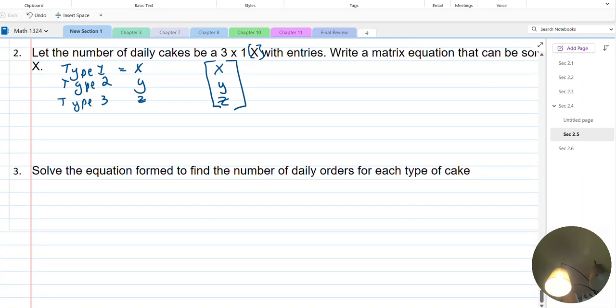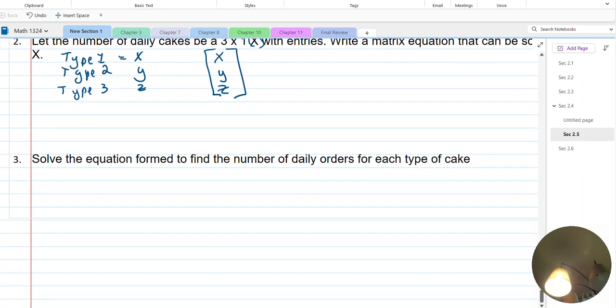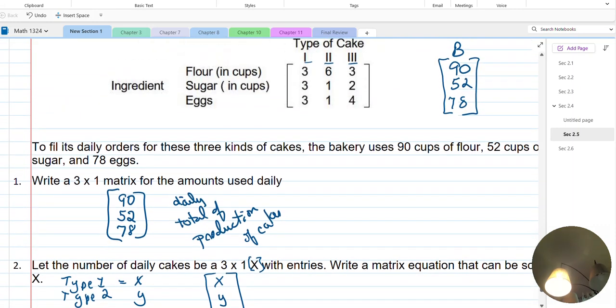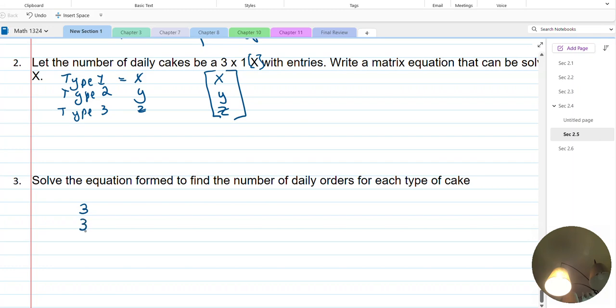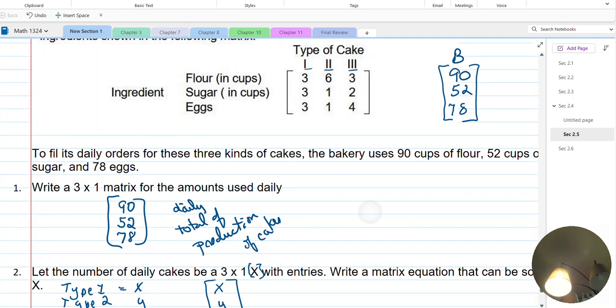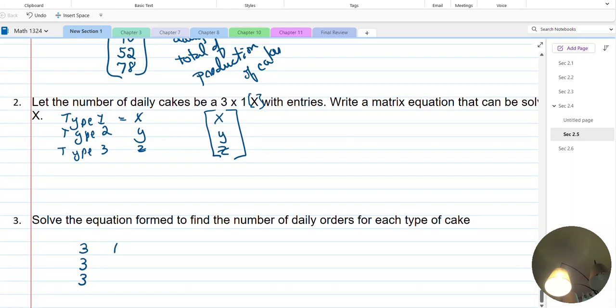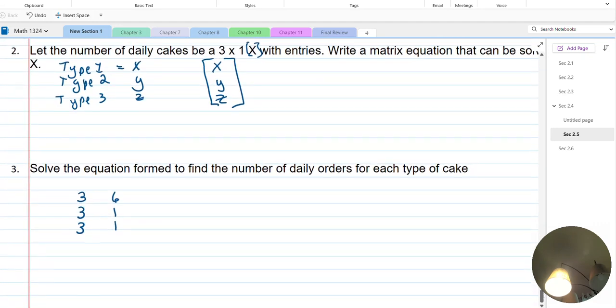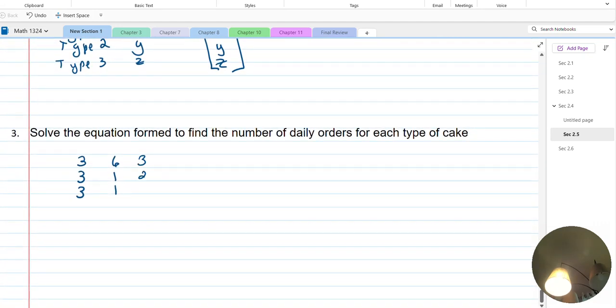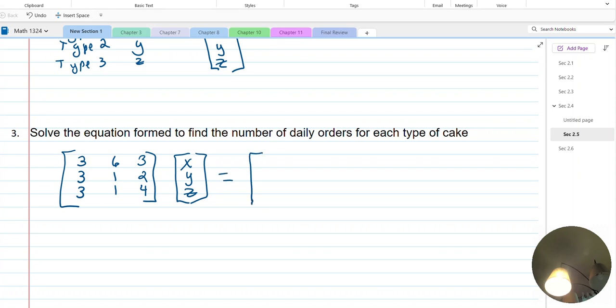Now they want us to solve it. So let's solve it. So we know we have this guy here. 3, 6, 3, 1, 1, 3, 2, 4. And then this is the number of cakes, X, Y, Z, equals the daily production needs.